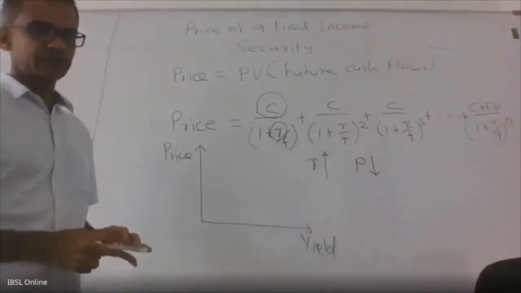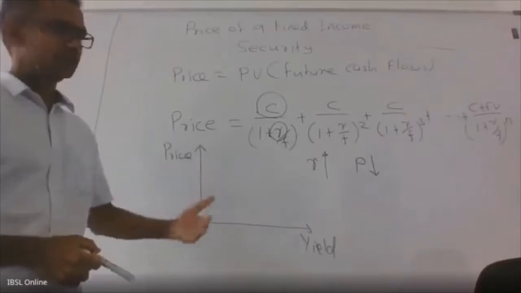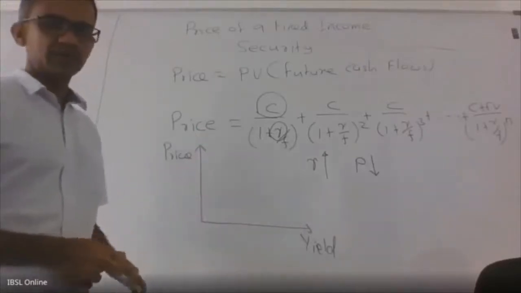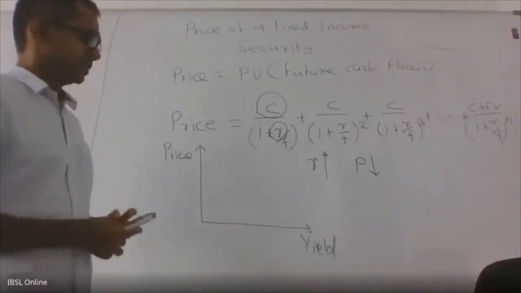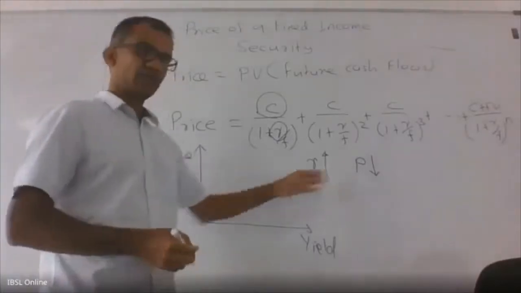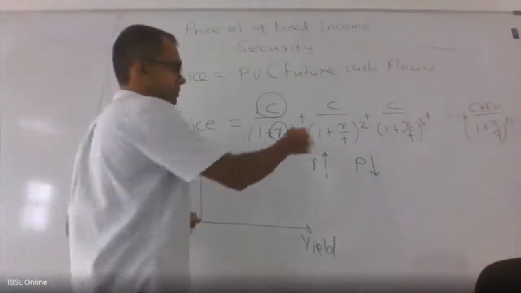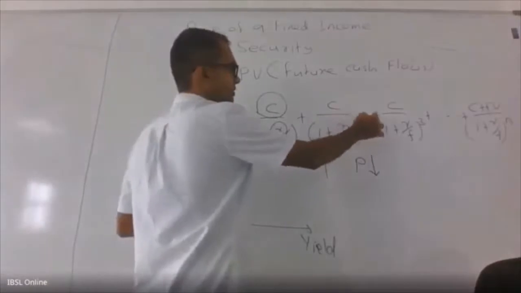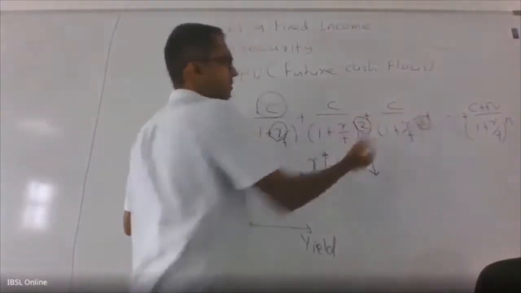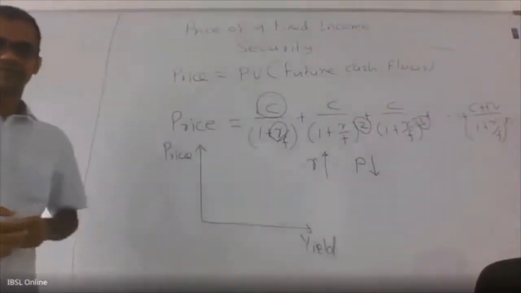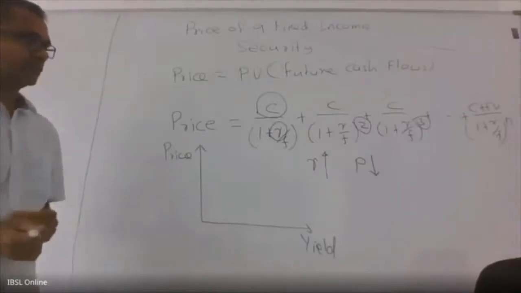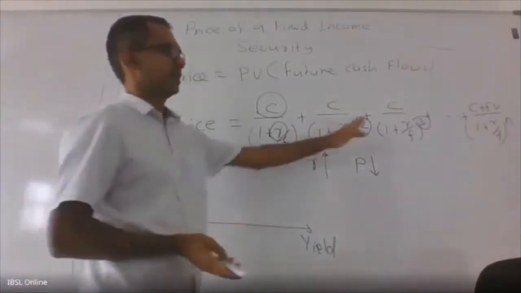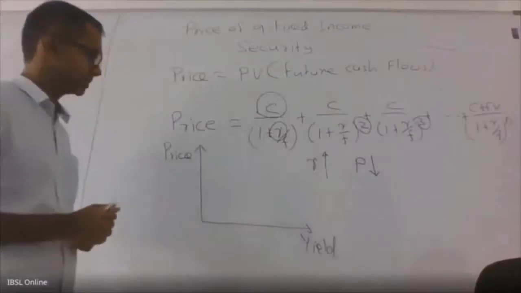To earn a higher return, we would pay less to buy that bond. But it's not a one-to-one relationship, because it's a division. Not only that, there are powers, the discount rate varying with time. So it's not a linear relationship.